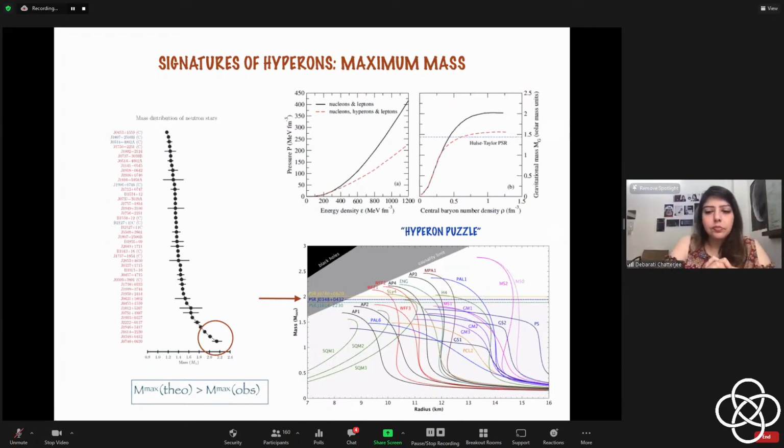But then again, you have limits as to how strong the three-nucleon forces or the hyperon-hyperon repulsion can be.